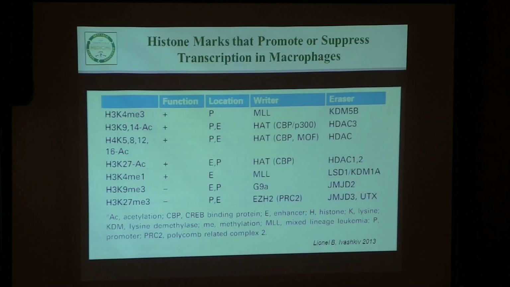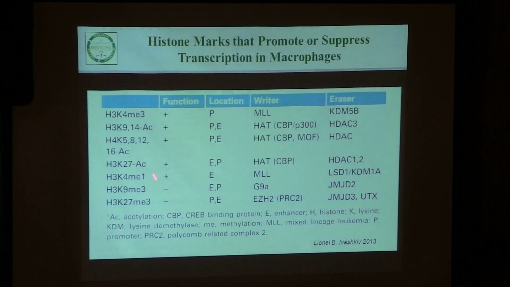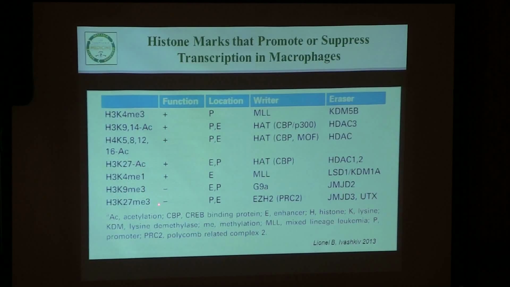There are a couple of histone marks that have been identified in macrophages that play a very important role in the regulation of gene expression, which include positive marks and negative marks. The most important positive marks are H3K27 acetylation and H3K4 methylation.